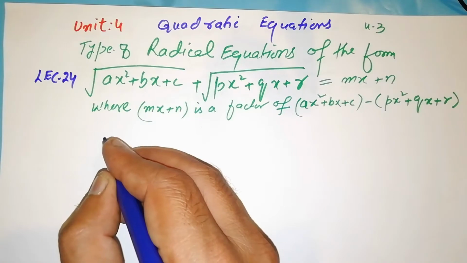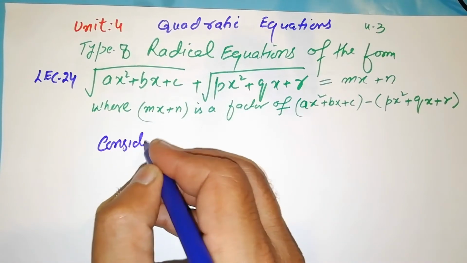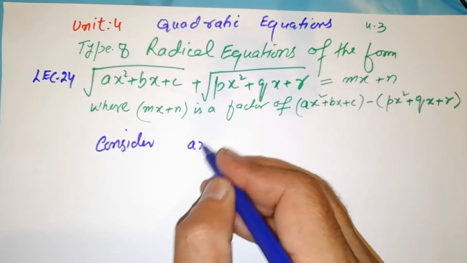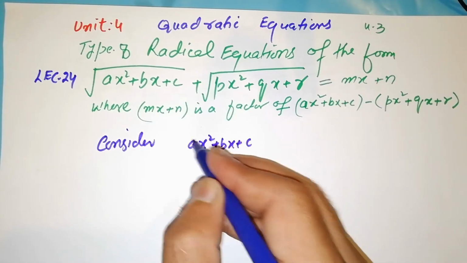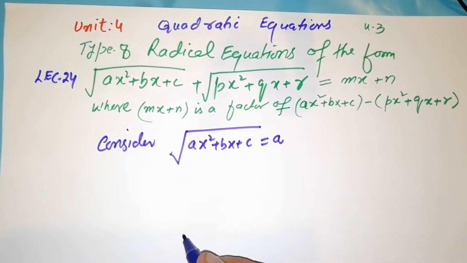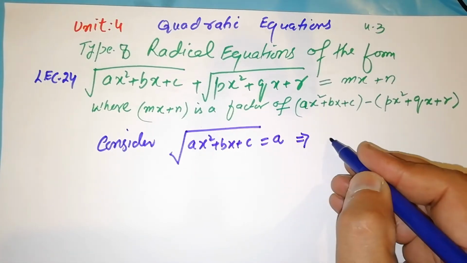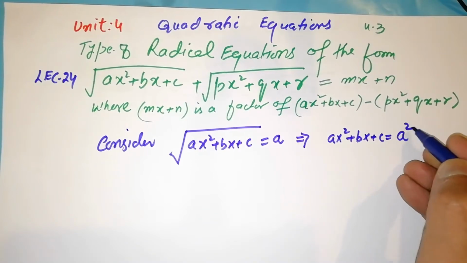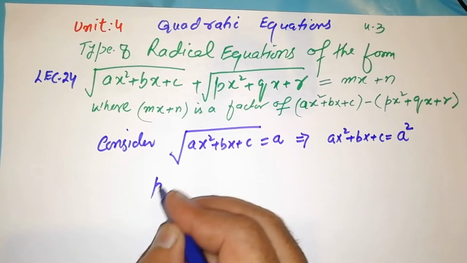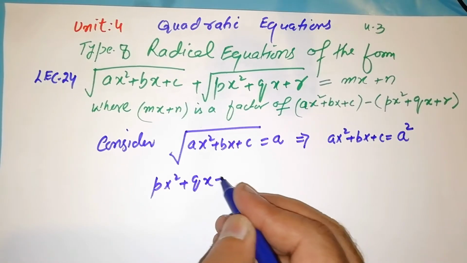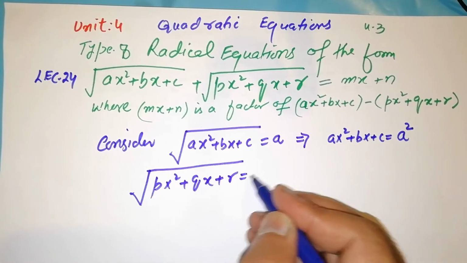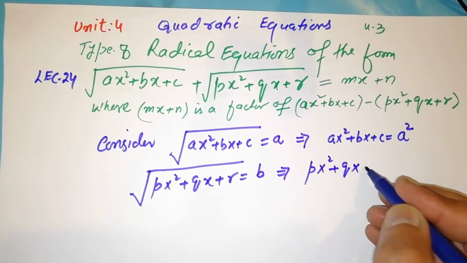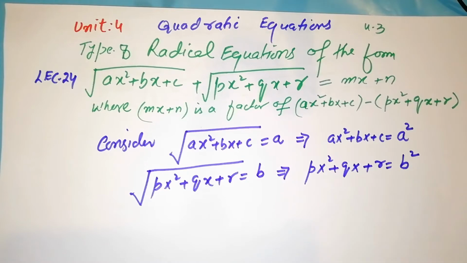So we shall consider the method. Consider the square root of ax square plus bx plus c equal to A. This implies ax square plus bx plus c is equal to A square. And the square root of px square plus qx plus r, let this be B, which means px square plus qx plus r is equal to B square.